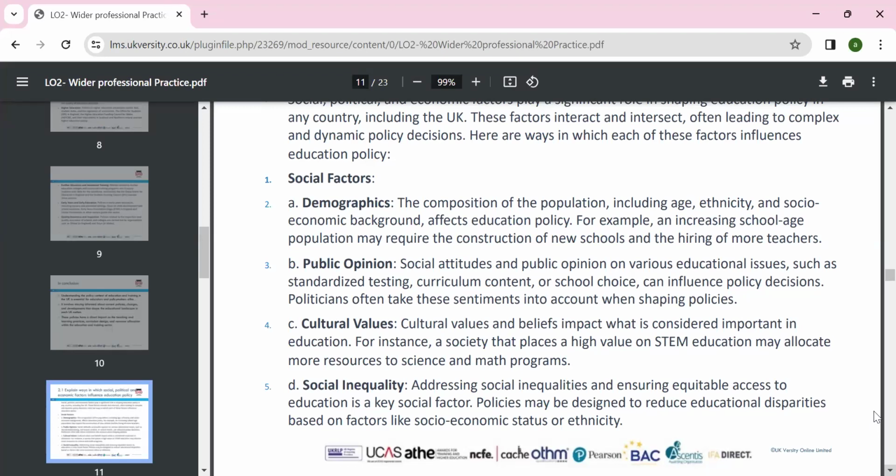An increasing school-age population may require the construction of new schools and hiring more teachers, like government funding toward teachers, especially for the science teacher shortage, and of course the Halloween bonus and various other funding. Then public opinion: social attitudes and public opinion on various educational issues such as standardized testing and curriculum content.